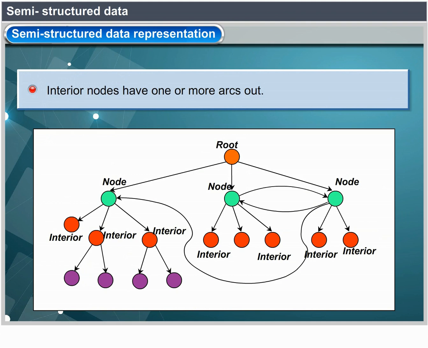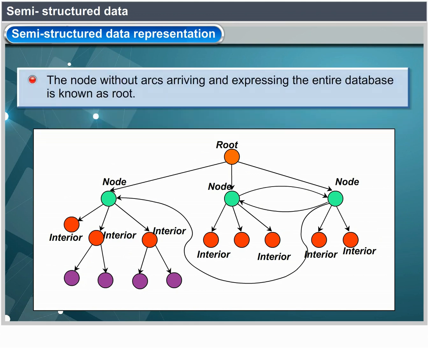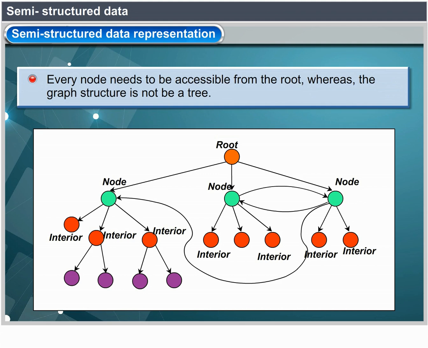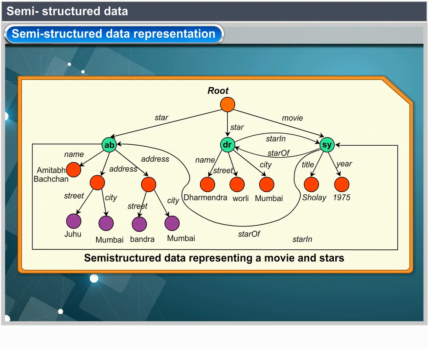Each arc has a label which indicates how the node at the head of the arc relates to the node at the tail. One interior node, called the root, has no arcs entering and represents the entire database. Every node must be reachable from the root, although the graph structure is not necessarily a tree. Semi-structured data representing movies and stars is shown.